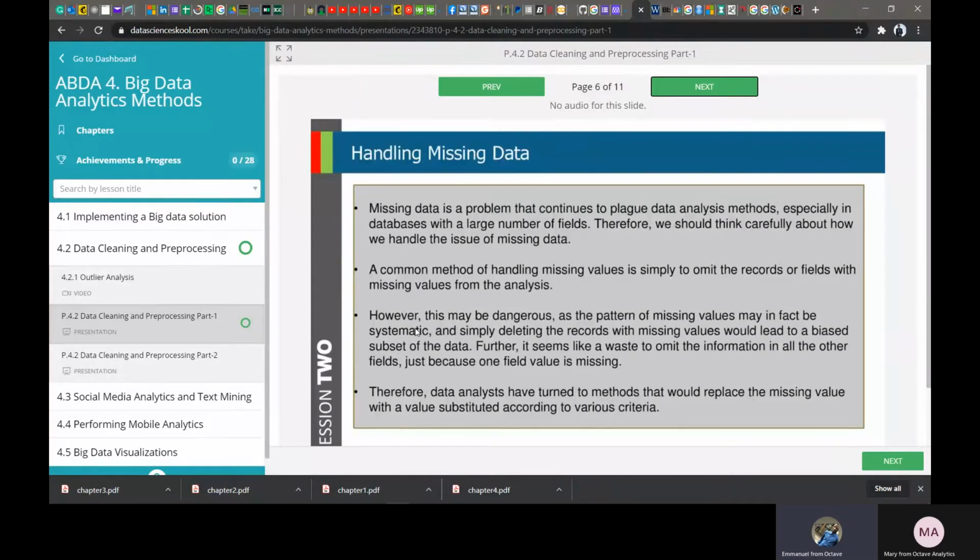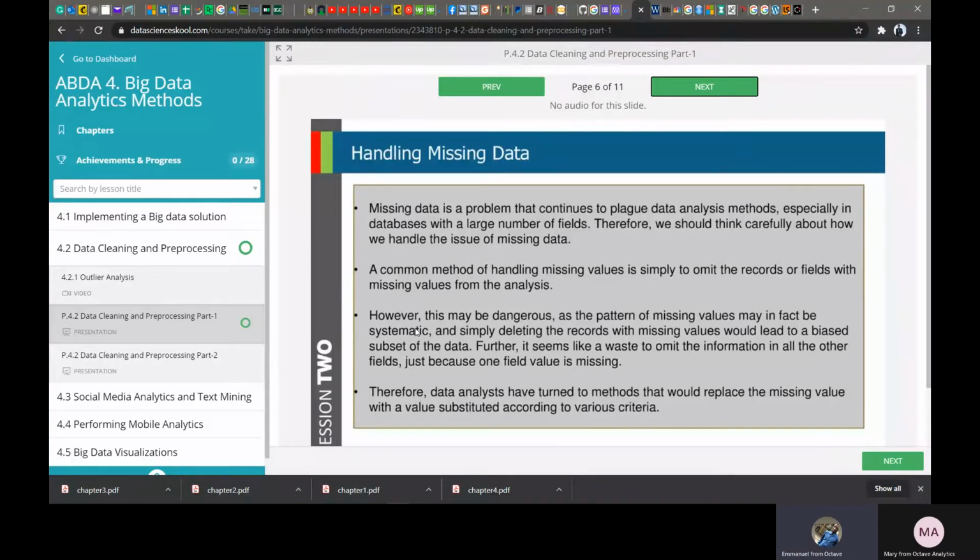However, this may be dangerous, as the pattern of missing values may in fact be systematic, and simply deleting the records with missing values will lead to a biased subset of the data. Further, it seems like a waste to omit the information in all the other fields just because one field value is missing.